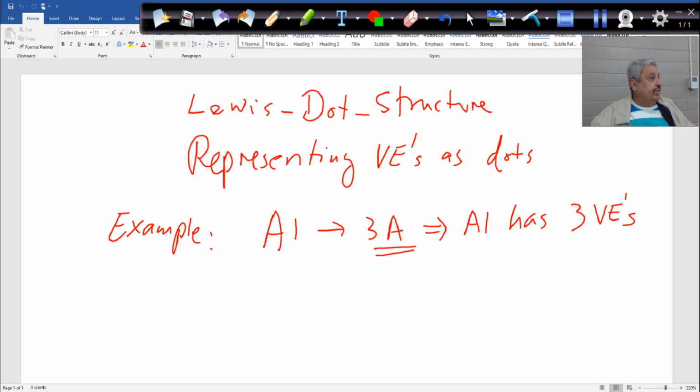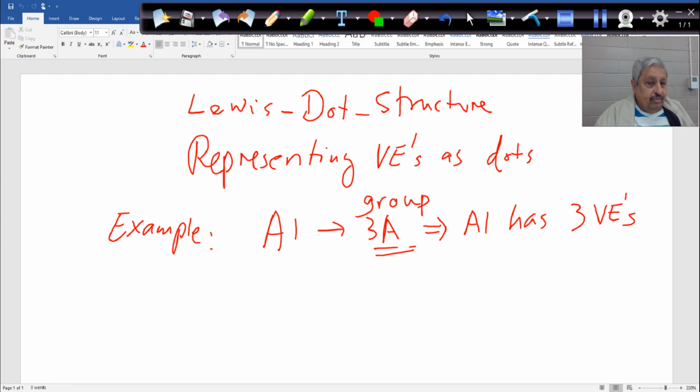So now I can write aluminum here. This is group 3A.